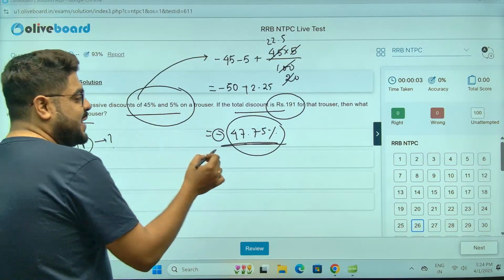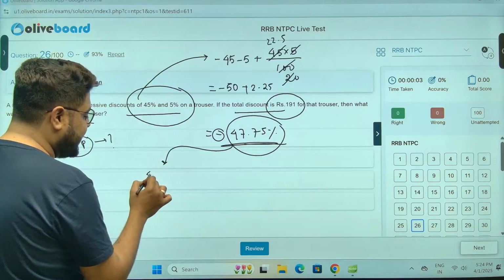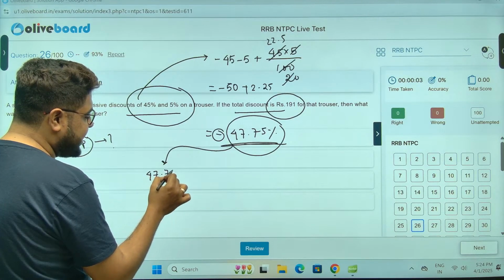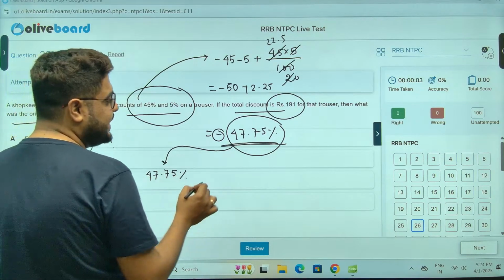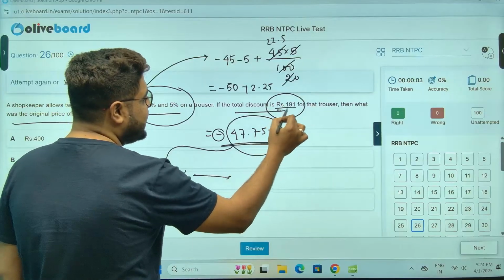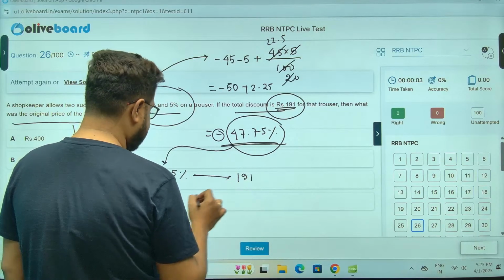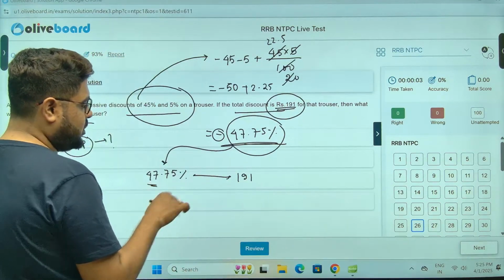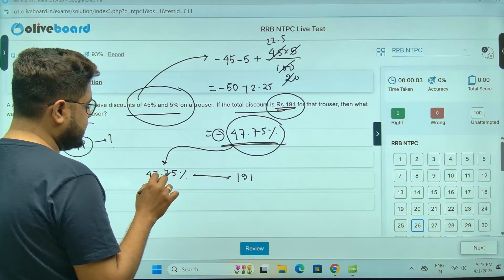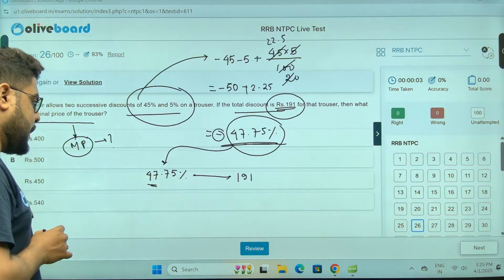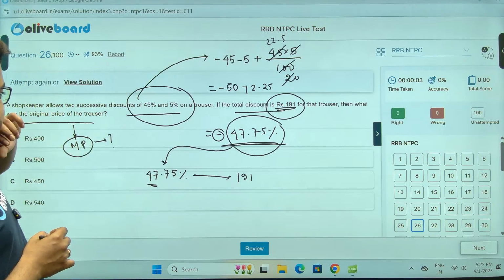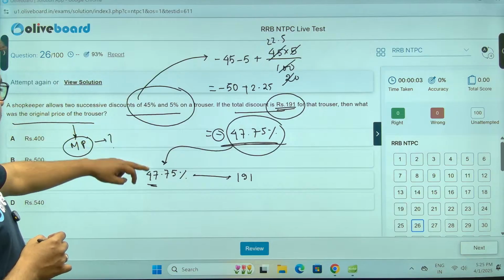So you see this value, the effective discount is 47.75%, that is given as 191 rupees. So 47: 4 fours are 16, 4 sevens are 28.